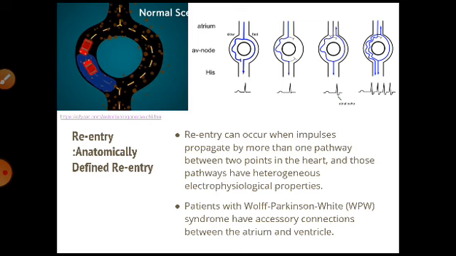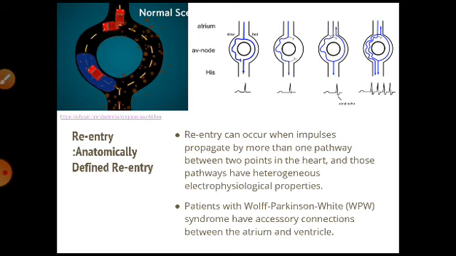Here I am taking one example, the patient of Wolff-Parkinson-White syndrome, WPW. Right, this is one condition. In this, what happens? There are accessory connections between the atrium and ventricle. It is a very rare condition, but it happens.